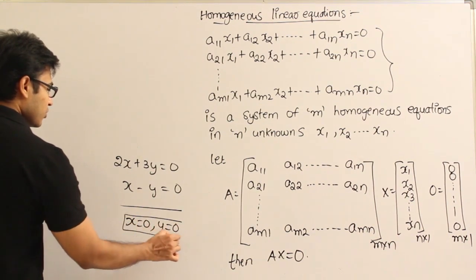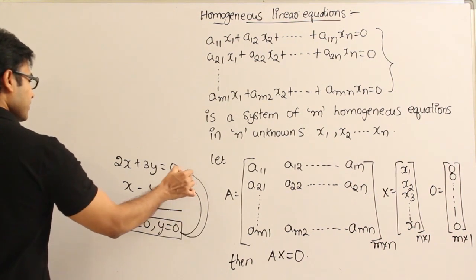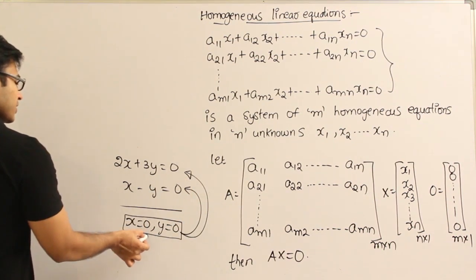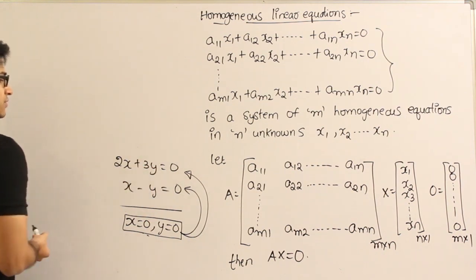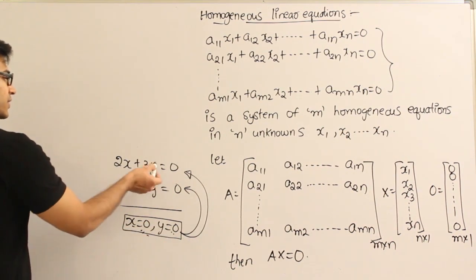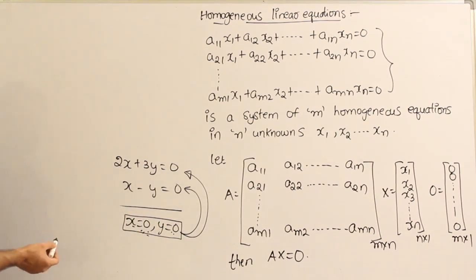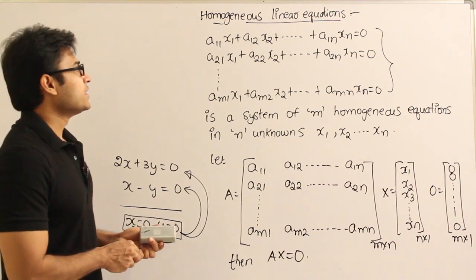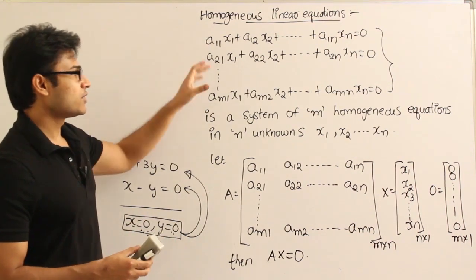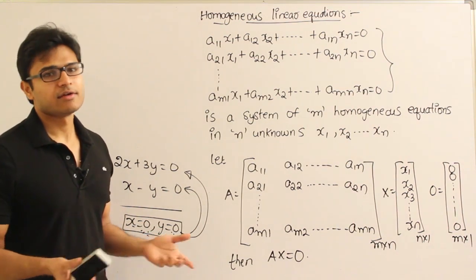When x and y both are equal to 0, if I substitute them in both the equations, they will satisfy them. Therefore, irrespective of any other values, this particular solution will definitely satisfy them. So it is also called a trivial solution. Remember this: a set of linear homogeneous equations will always have at least one solution, which is the trivial solution.